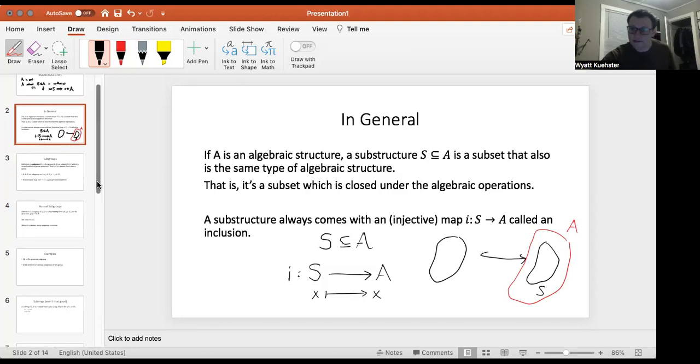And we'll want substructures to make this inclusion map a map of whatever algebraic structure. So like we want it to be a group homomorphism or a vector space homomorphism or whatever.